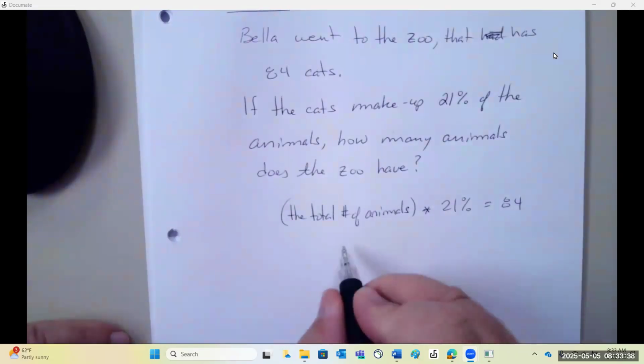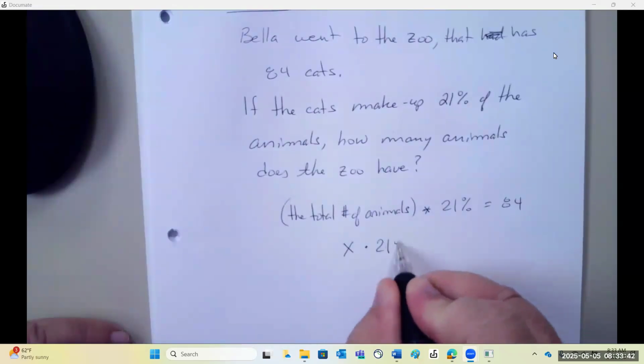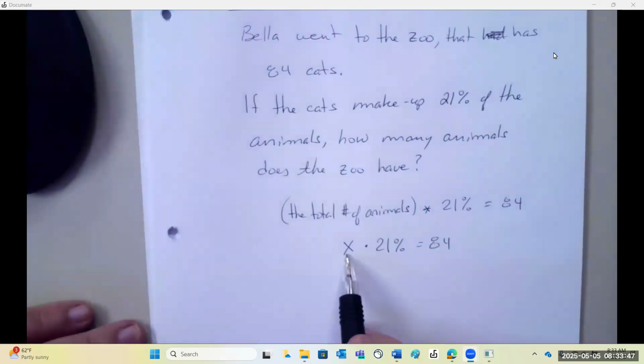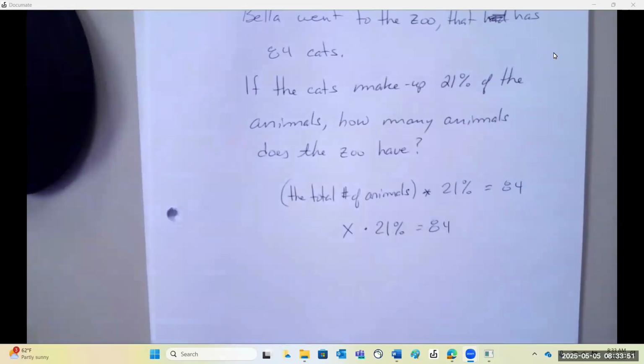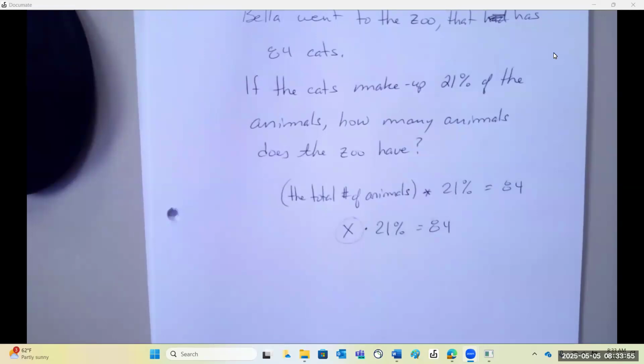So let's call this X. X times 21% equals 84. So the total number of animals, 21% of those animals is 84. So if we can solve for X, we know all the animals. How do we get X by itself?